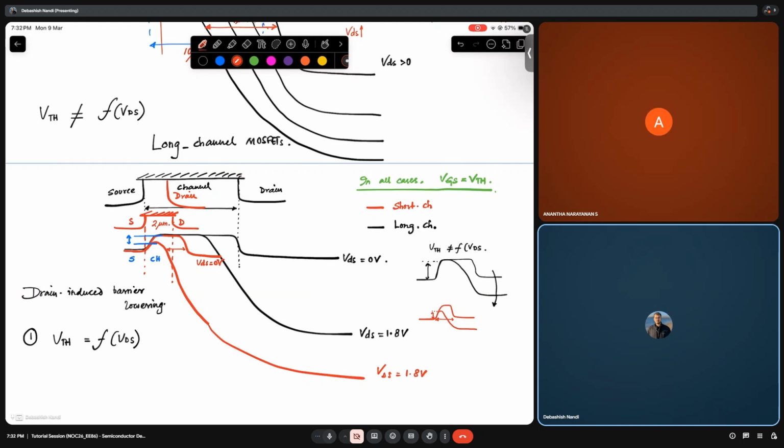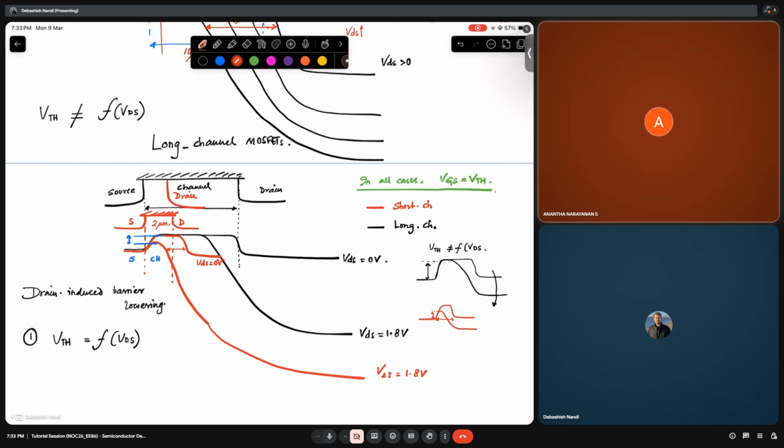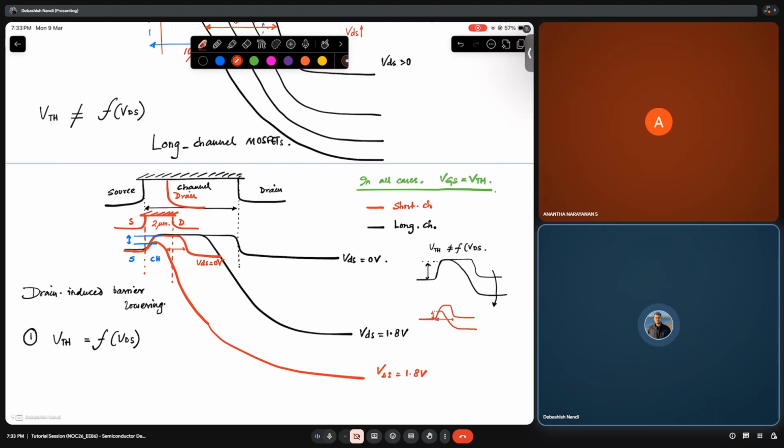Yes, sir. In both cases, my doping is constant for our discussion's sake. But now in my 2 micrometer channel length, 1 micrometer is gone. So I am very close to the source now. Basically, my lateral field has to start to penetrate into my source.